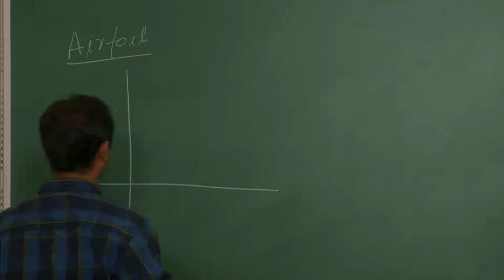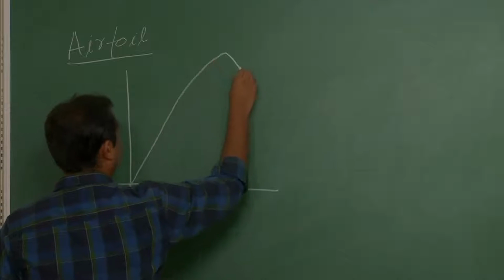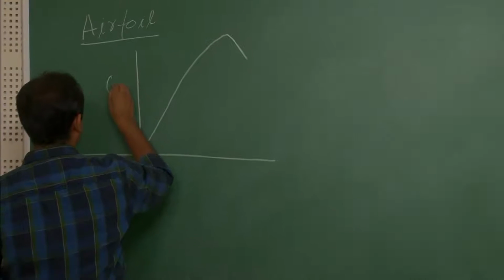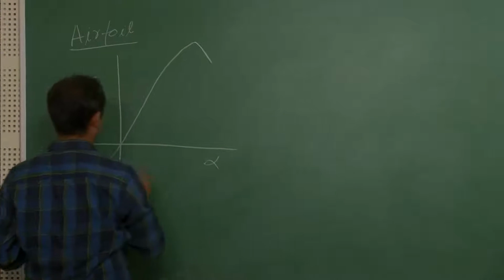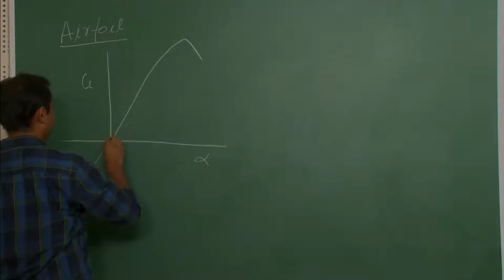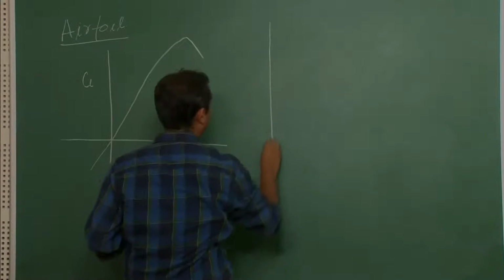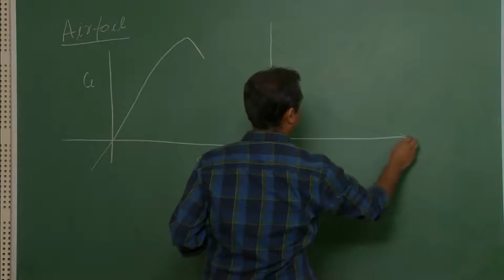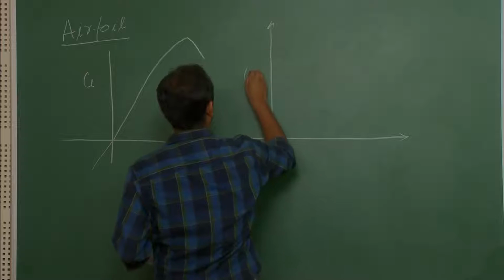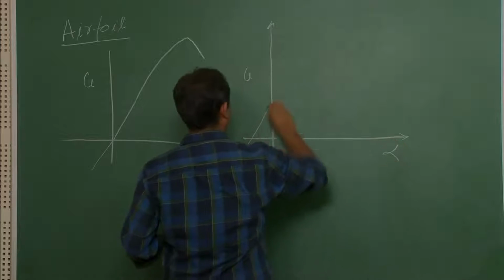Now, for a symmetrical airfoil, the graph for CL versus alpha is like this, that is, it passes through the origin, whereas for a cambered airfoil your CL versus alpha graph will be like this.